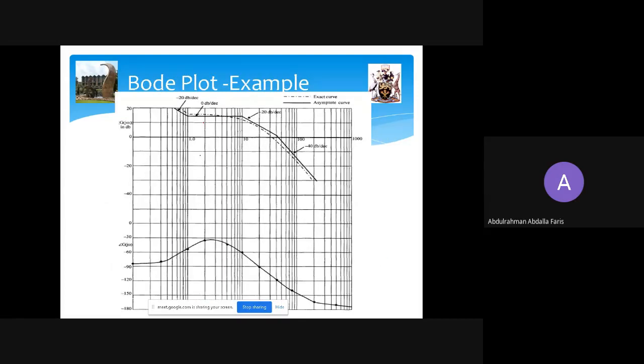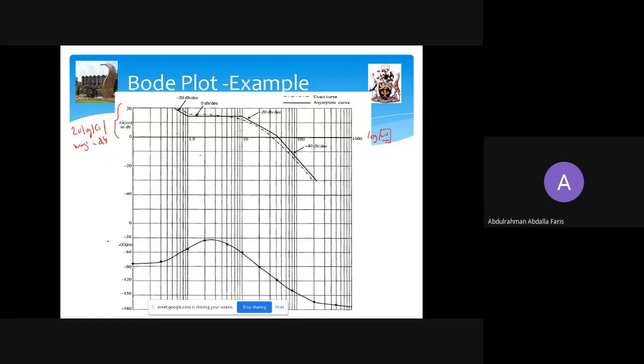So here you can see we have 20 log of our transfer function, which is magnitude in dB versus log omega. So it's already in log form. So the way you do it, you just plot your omega, don't change it.